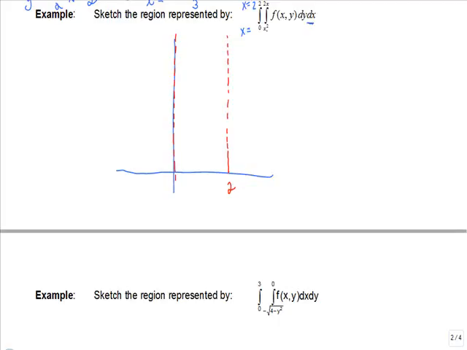The inner integrals are y, so I'm going to go from y equals x squared to y equals 2x. So y equals x squared at 0 is going to be 0, and at 2 that's going to be 4. So y equals x squared, we'll have that look. That's going to be the bottom.